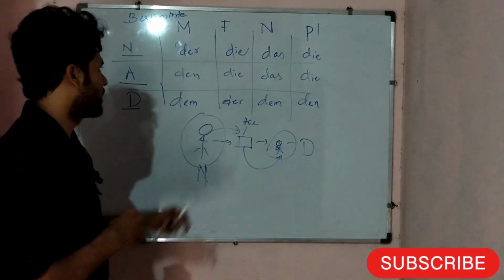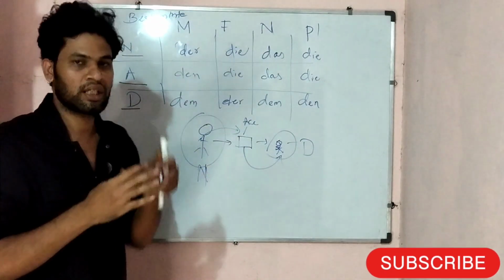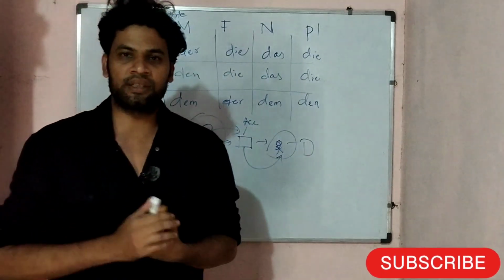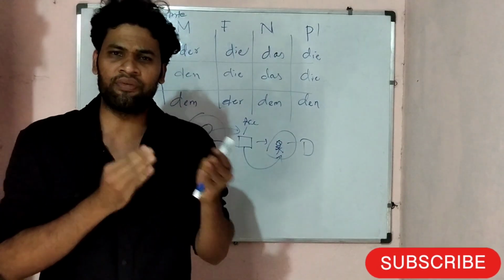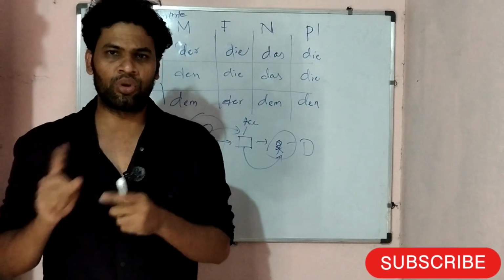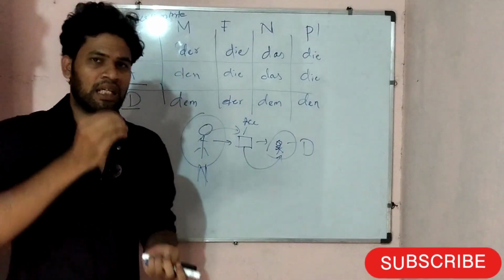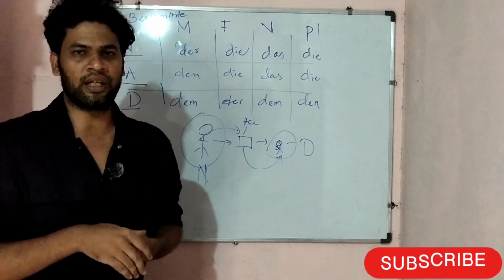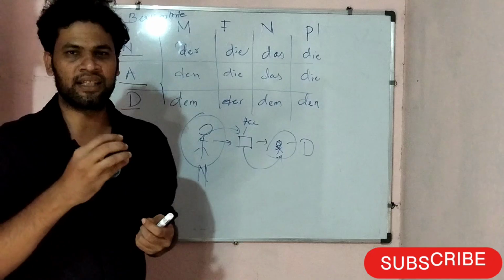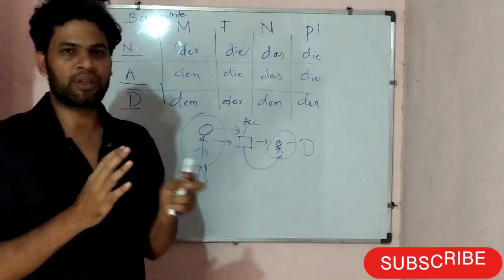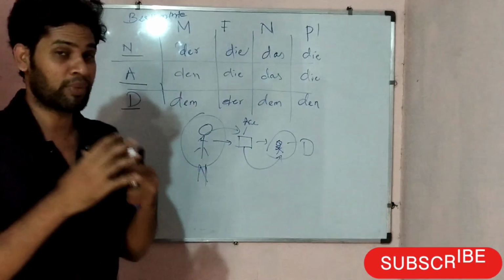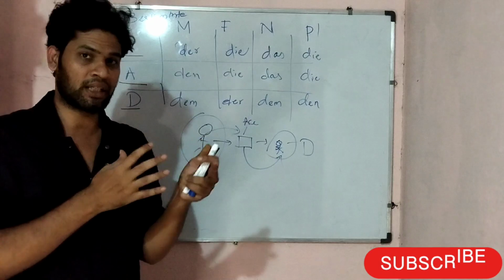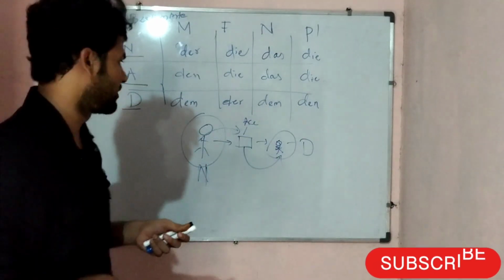Here also the same thing, we are going to use nouns. In German, as we have discussed, each and every noun has a gender. So don't forget it. Later I will teach you how to remember the gender for a particular noun by seeing the noun endings.